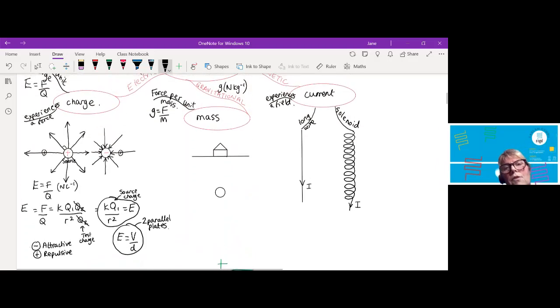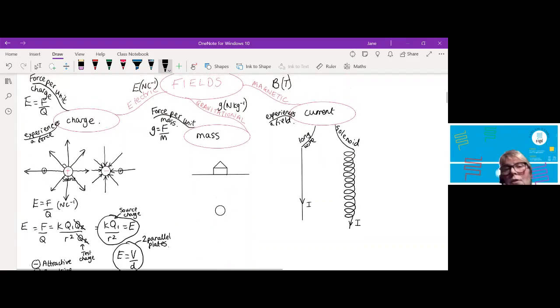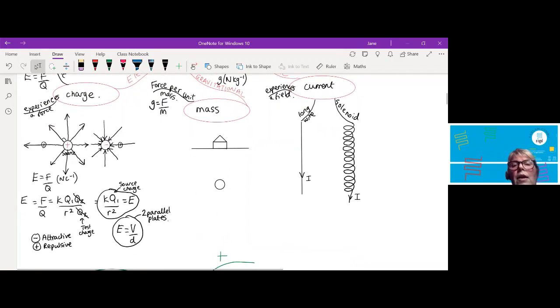Now let's go over to gravitational fields. Now there's two ways of looking at gravitational fields. If you look on a local level, we say that the gravitational field is uniform, because if we're looking at the surface of the Earth, all of those field lines are parallel, and that's why we say it's uniform.